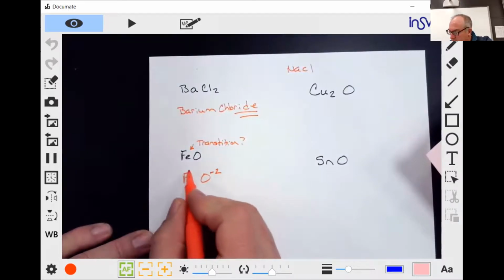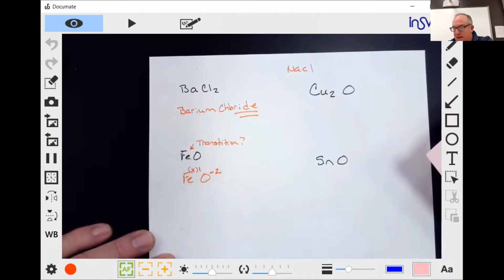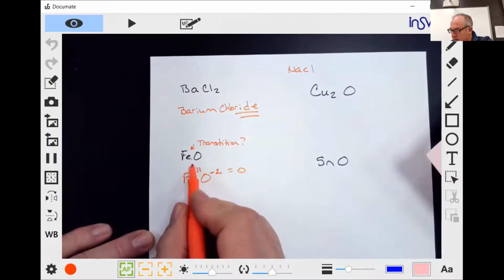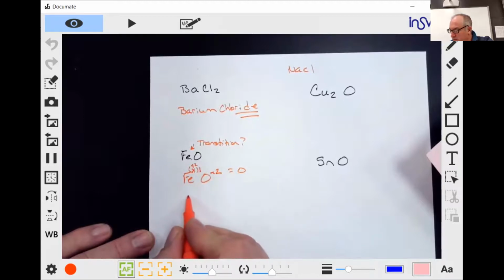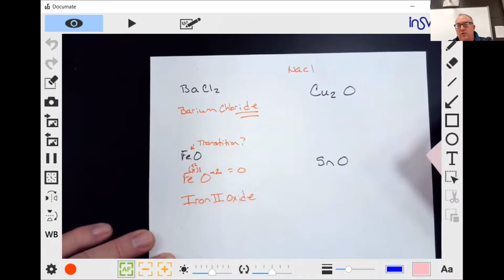And I need to know, and I have just one of them, what this X is to equal 0. X has to be a +2, right? 1 times a +2 plus a -2 is 0. So this means this is iron 2, and I add IDE. It is iron 2 oxide.